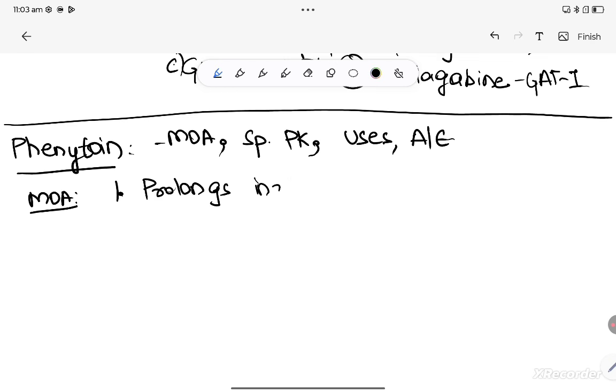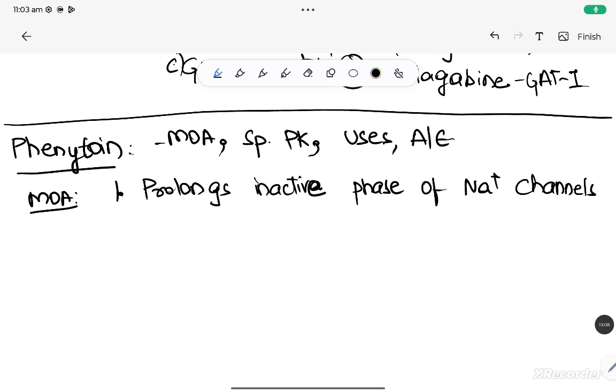With respect to mechanism of action, the most important one is that it prolongs the inactive phase of sodium channels. Clear? So, it acts as a membrane stabilizer. This is the most important action.